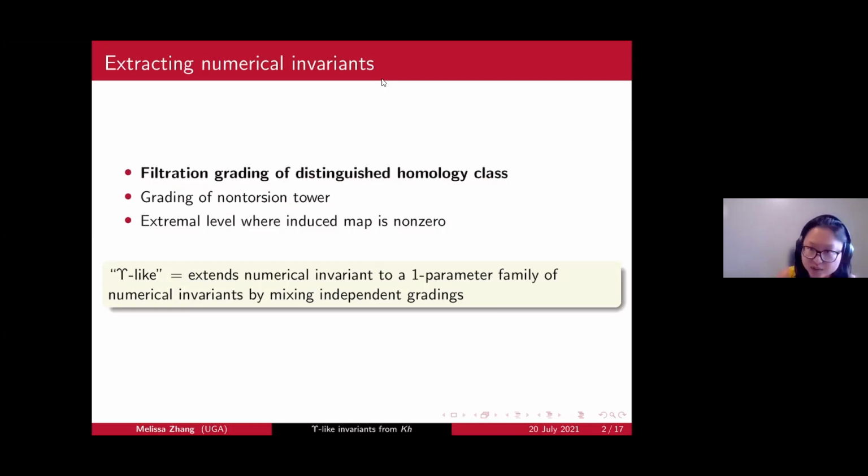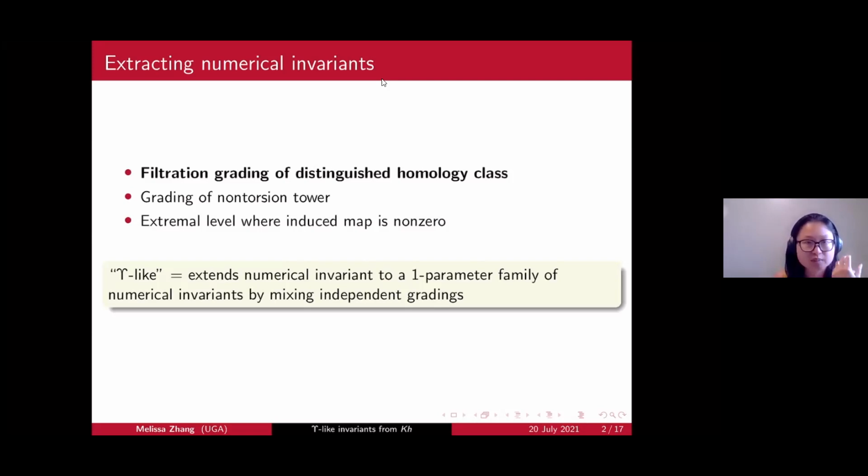So you could take a non-torsion tower, is what I'm going to call it. Or you can say I have induced maps, and at each filtration level I have some induced map, and I just try to measure what is the most extreme or the best level where you can still have a non-zero map. So just trying to find the boundary of a range. But for the purposes of this talk, I'm going to focus on this first point of view just because it's easiest to talk to people about.